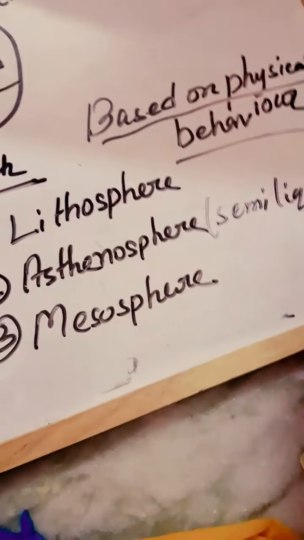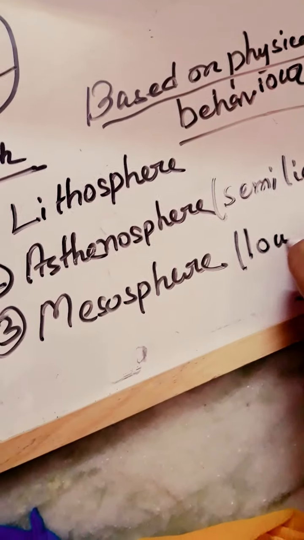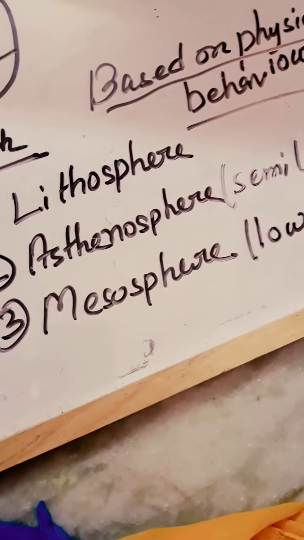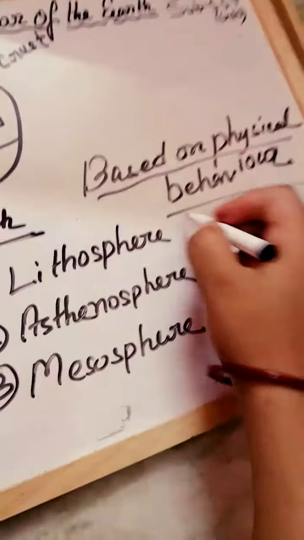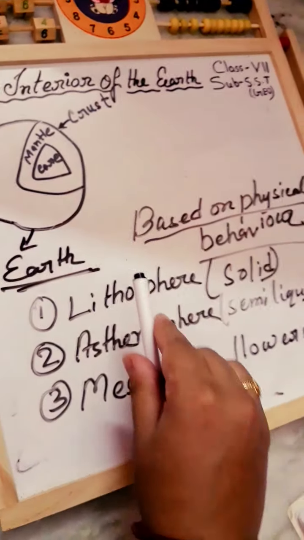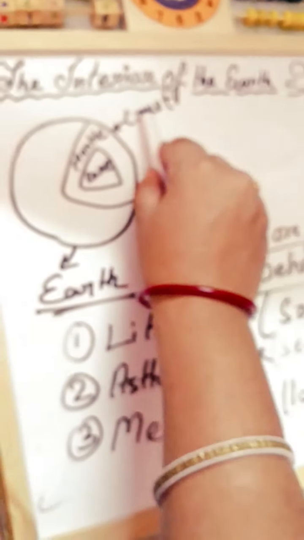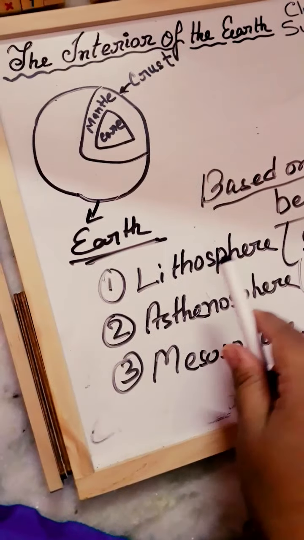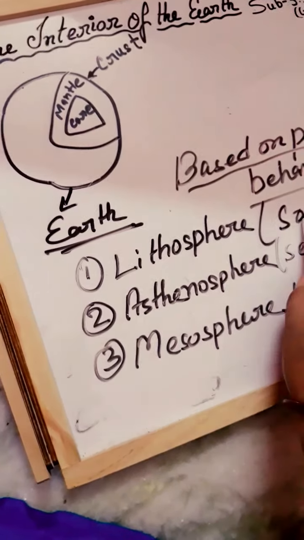The lower mantle is known as the mesosphere, and lithosphere is the solid. Actually, there is a relation between lithosphere and crust. Crust is also a solid, stony layer, and lithosphere is also a solid layer.